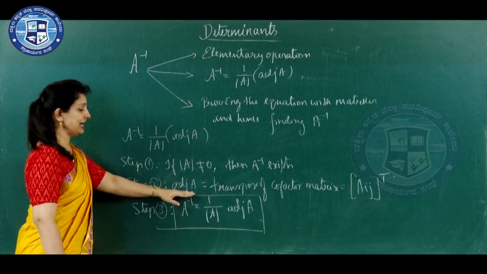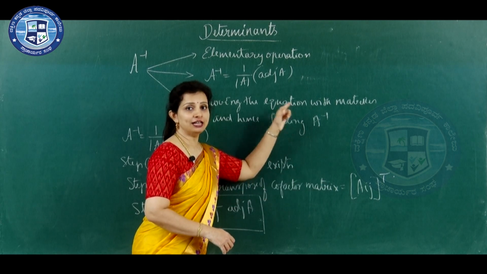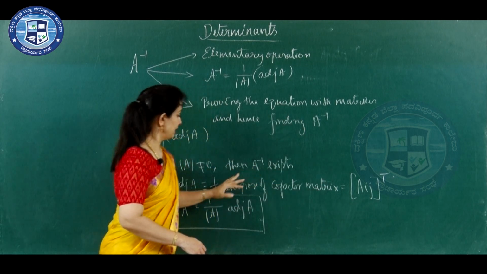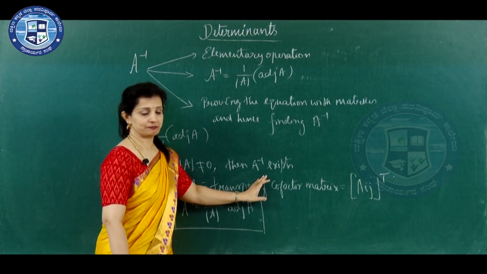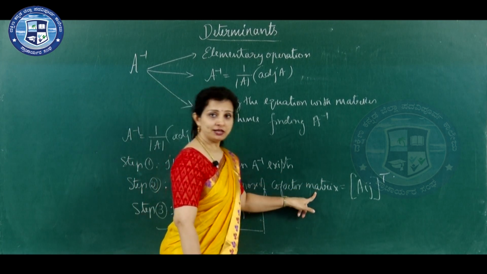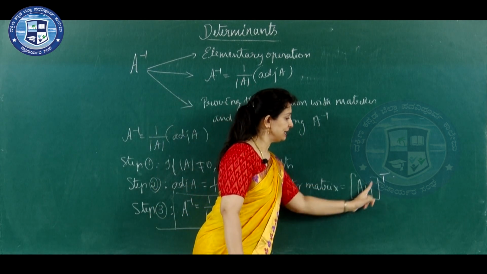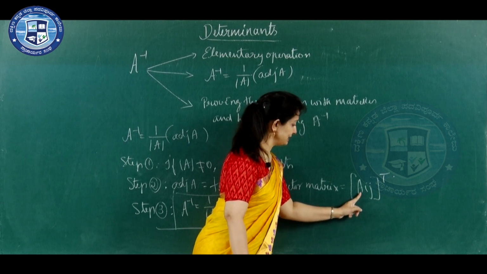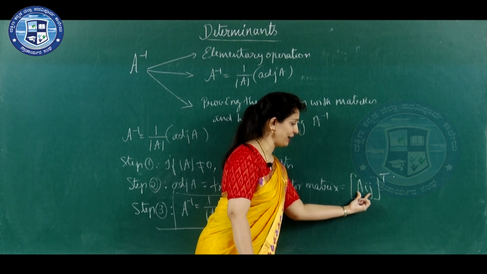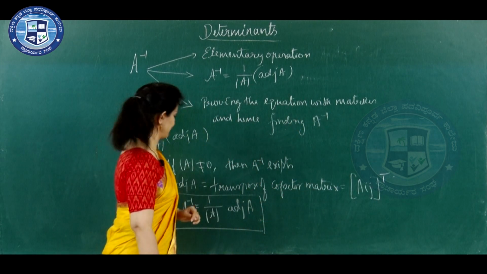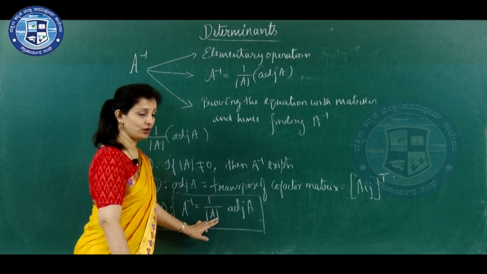Second step, adjoint A: find the cofactor of each element of the determinant and get the transpose of it. Finally, step 3 is A inverse is equal to 1 by determinant A into adjoint A.